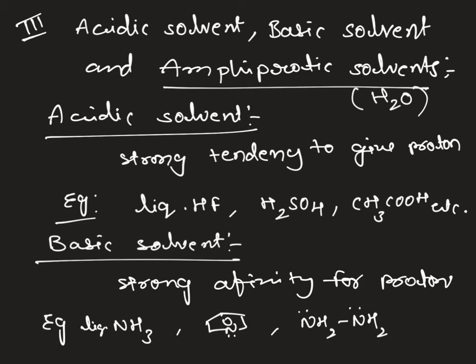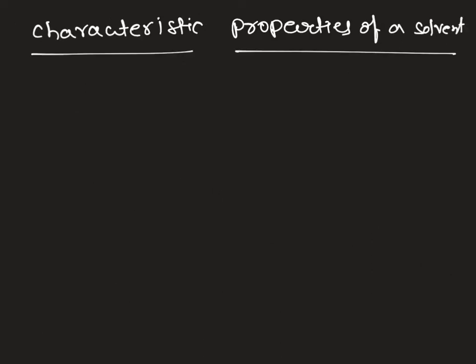The first is based on protic and aprotic solvents. The second is ionizing and non-ionizing. The third is acidic, basic, and amphiprotic solvents. Next, let's move on to the characteristic properties of a solvent. The first one is melting point and boiling point.